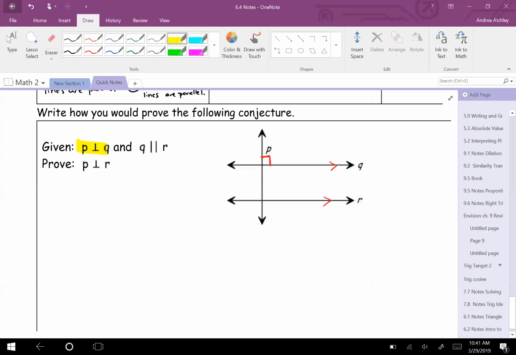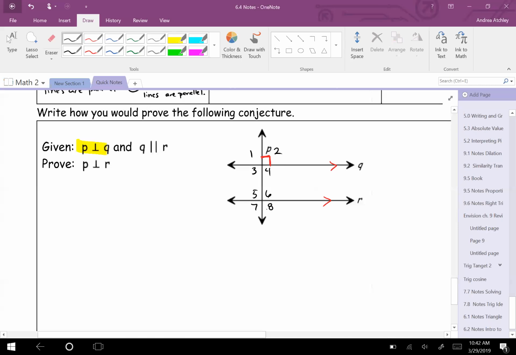So we first really need to understand what perpendicular means. What does perpendicular mean? Right angles. Very good. So I'm going to label these 1, 2, 3, 4, 5, 6, 7, and 8, so it's easier to talk about the angles.